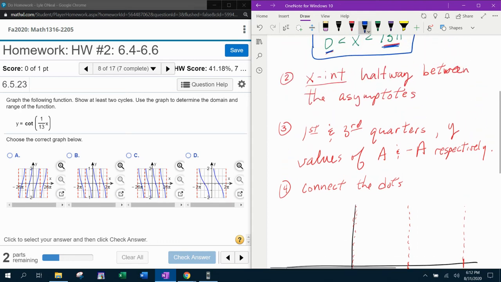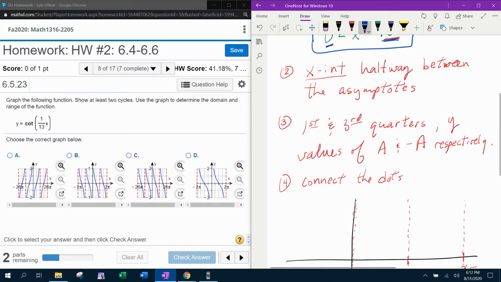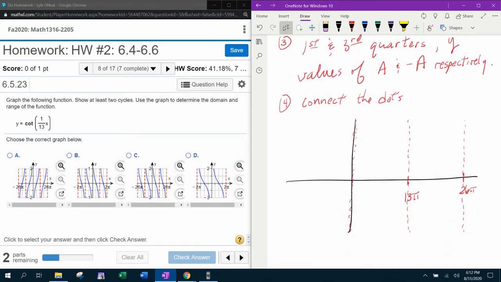Step number 2, x-intercept halfway between the asymptotes. So right in the middle of the asymptotes, we're going to have x-intercepts. And if you think about what is half of 13, that is 6.5, so that's going to be 13 pi over 2.